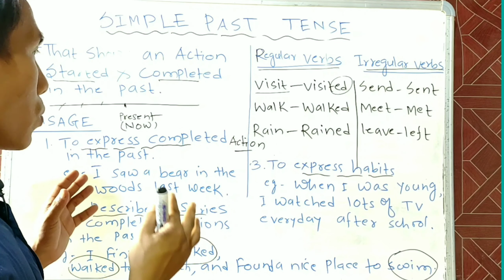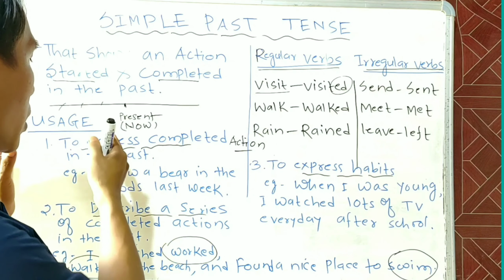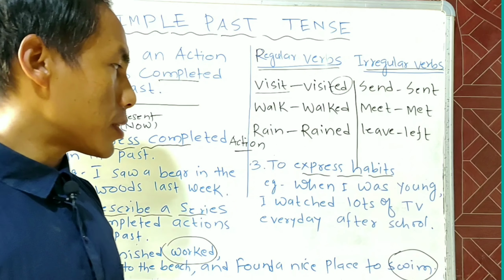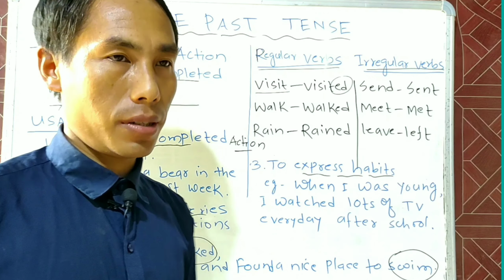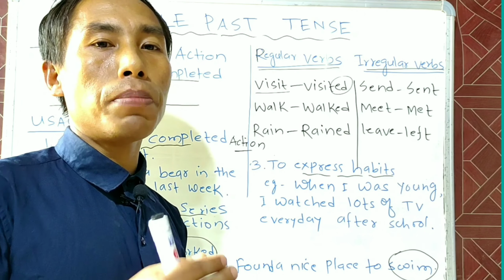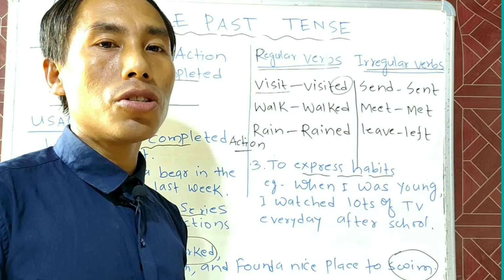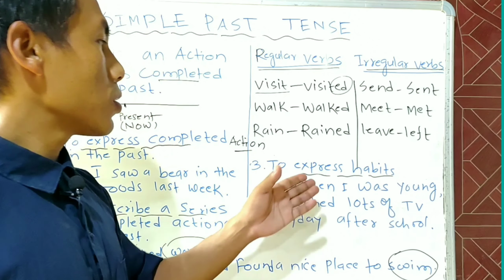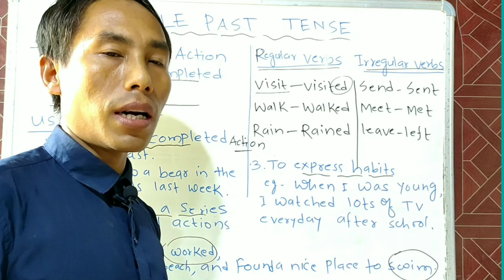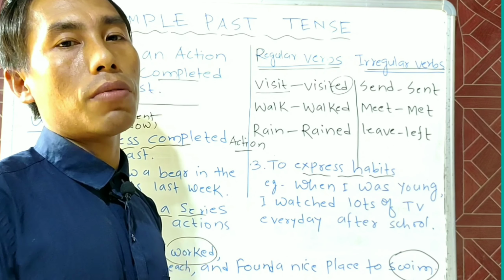And one more usage is the third rule, to express habits, the habitual actions. Like I used to do earlier when I was young, I used to go to the beach to see the dolphins jumping around in the beach. So I express here the habits that happened not now, but earlier when I was young.